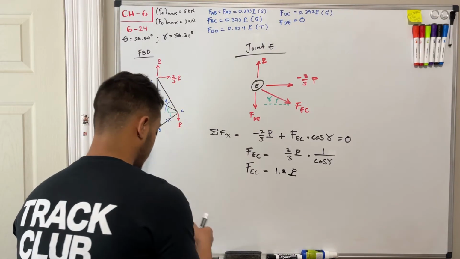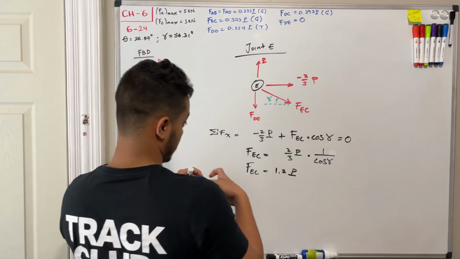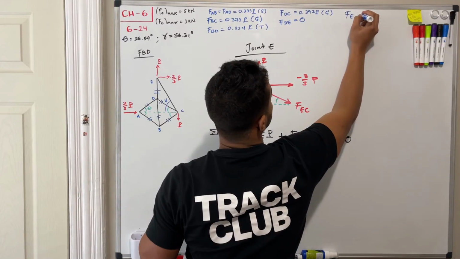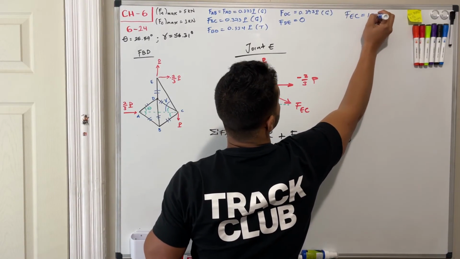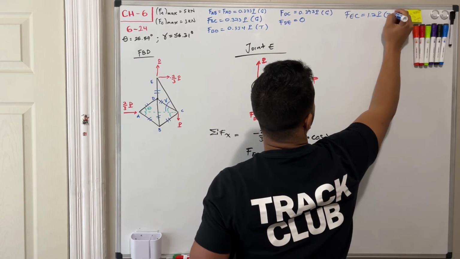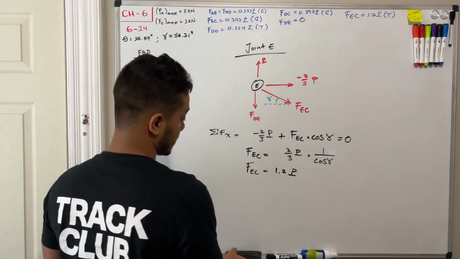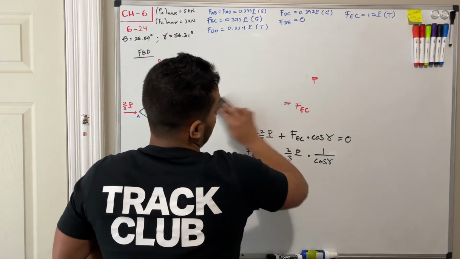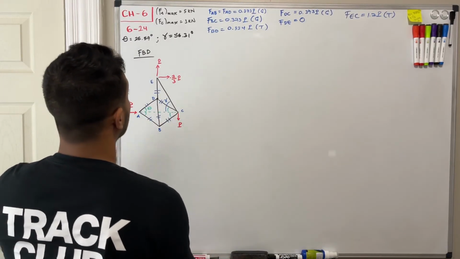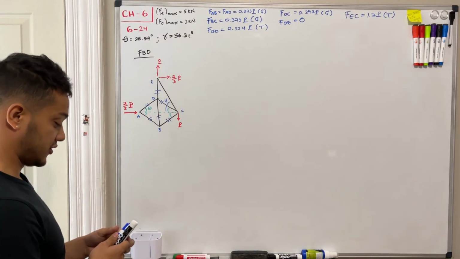Okay? So we got our last member. So if we write our answers on top, what do we have? The last member, FEC, equal to 1.2 P in tension. Okay. So our limits are 5 kilonewtons in tension and 3 kilonewtons in compression.